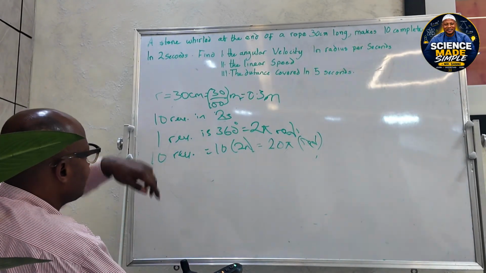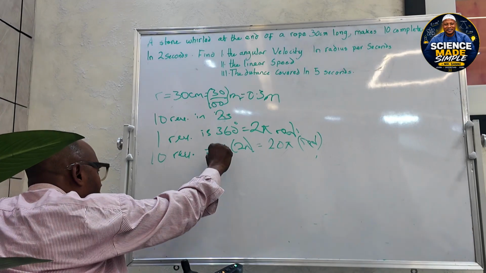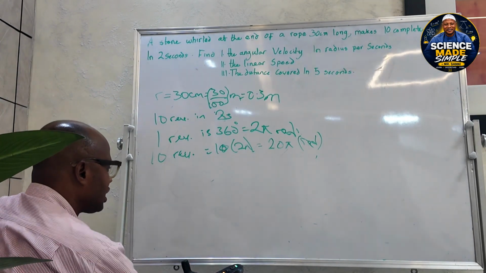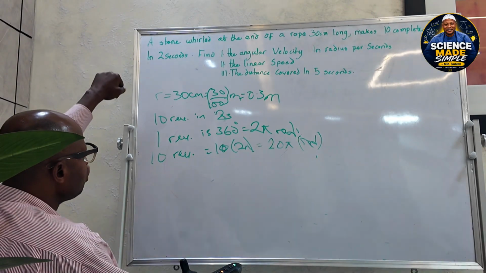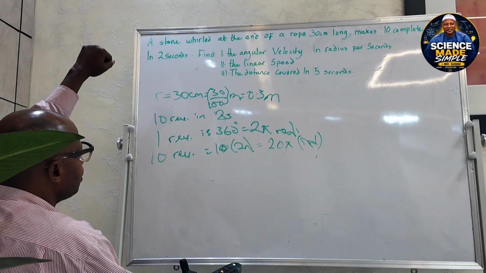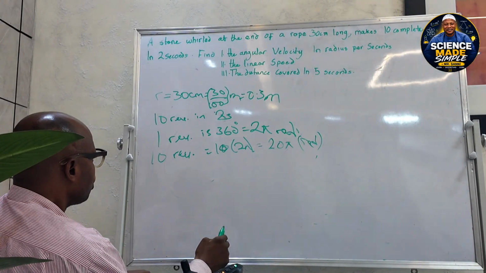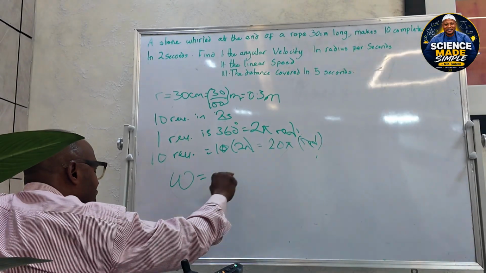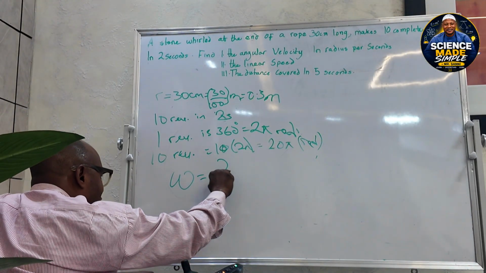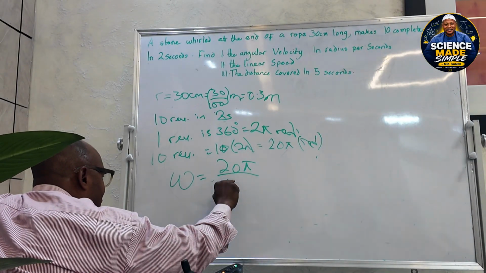That is, we have 10 revolutions to be 10 times 2 pi, which is equal to 20 pi in radian. And it took 2 seconds to make those 10 revolutions. So the angular velocity will now be the angle 20 pi over the time.